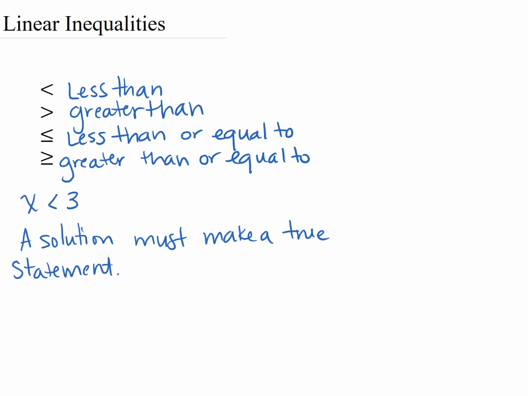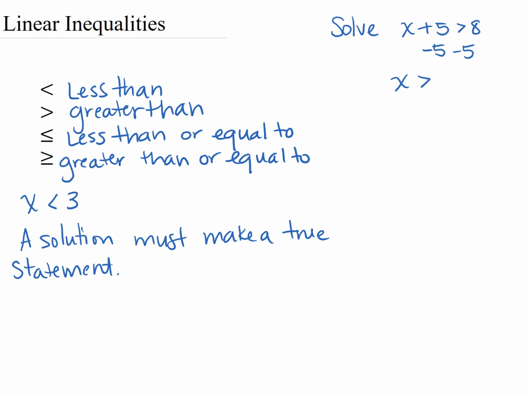Solving inequalities is like solving linear equations. The main difference is we have to be cautious of our inequality symbol when we're performing certain operations. So if I were to ask you to solve x plus 5 is greater than 8, you would solve this as you would x plus 5 is equal to 8, by subtracting 5 from both sides.